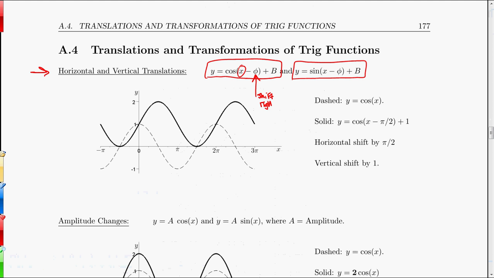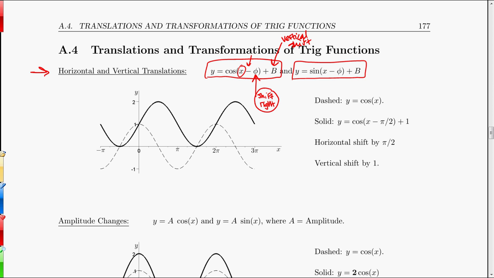Shift right. Now you look at that minus and you might think, why doesn't it shift left? It's a little counterintuitive, but subtracting a positive number is a shift to the right. And if you add a constant to the function, that is a vertical shift.